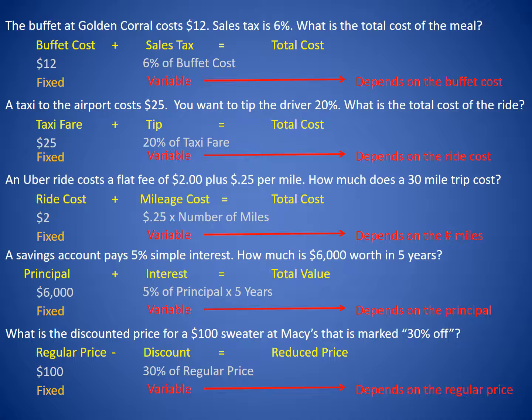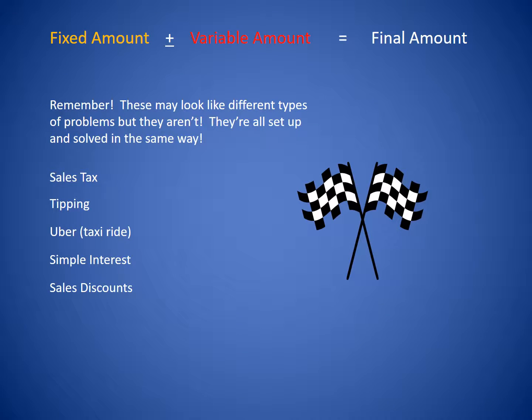And in the case of the discounted sweater, the discount depends on how much the regular price was. So if you're getting a 30% discount and the price is $100, you get a certain amount of discount. But if the sweater is a higher price, you'll get a larger discount. If it's a lower price, you'll get a smaller discount. So the discount is the variable in the sense that it depends on and could change based on what the regular price is.